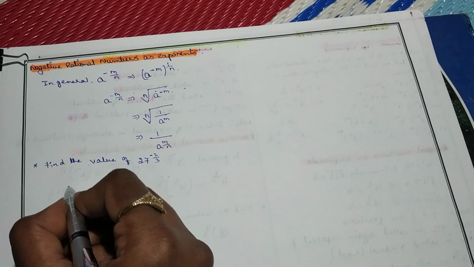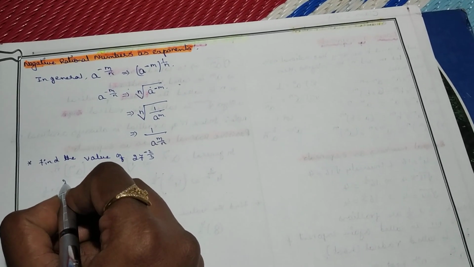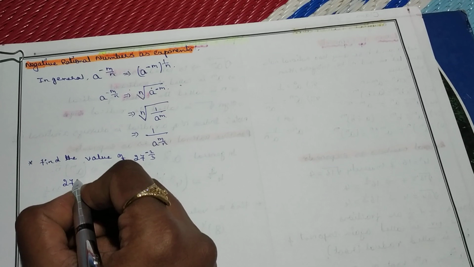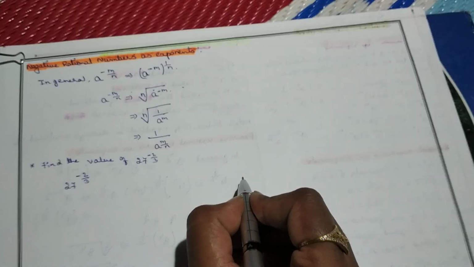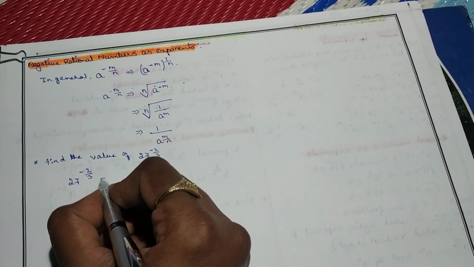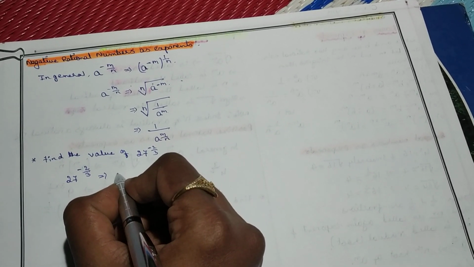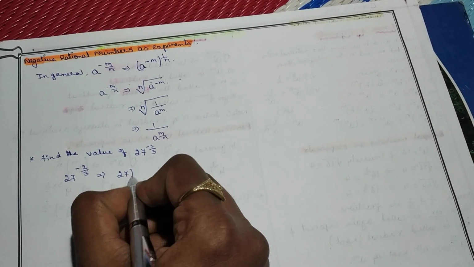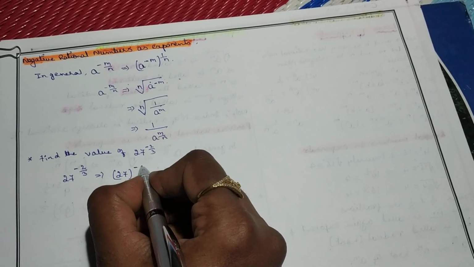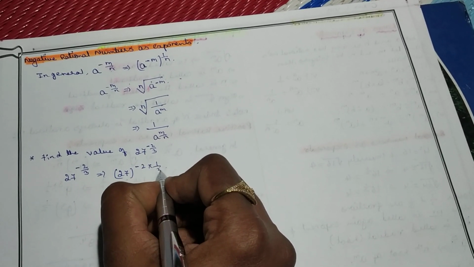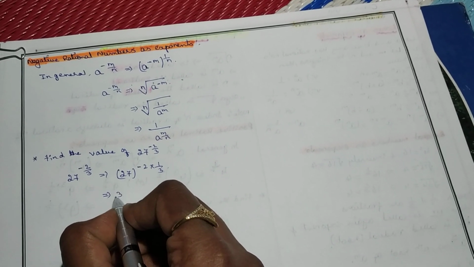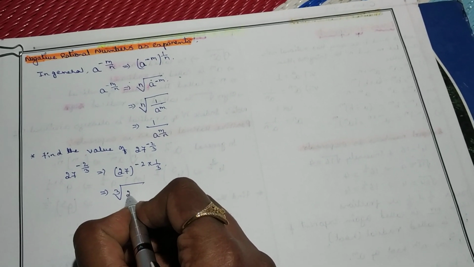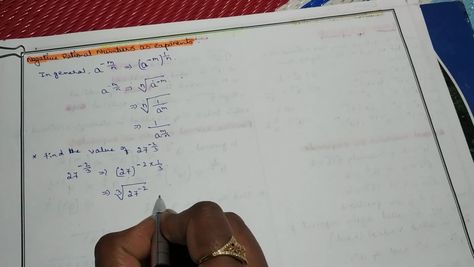To find its value, I can consider the exponent form, that is 27 to the power of minus 2 by 3, which can be written as 27 to the power of minus 2 into 1 by 3. Then this stands under the radical sign, so cube root of 27 to the power of minus 2.